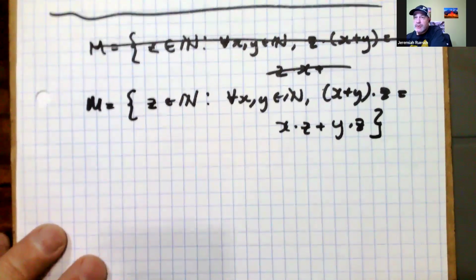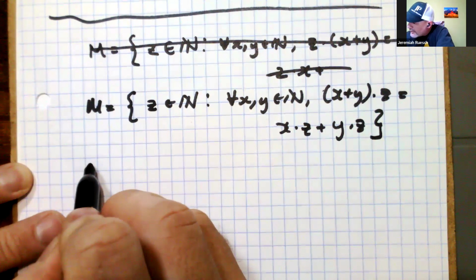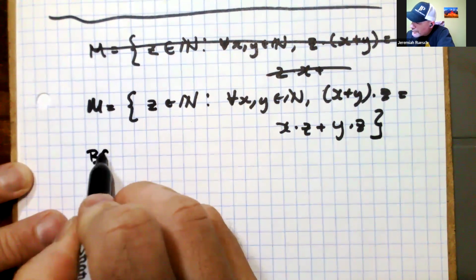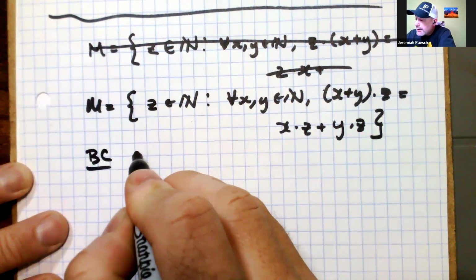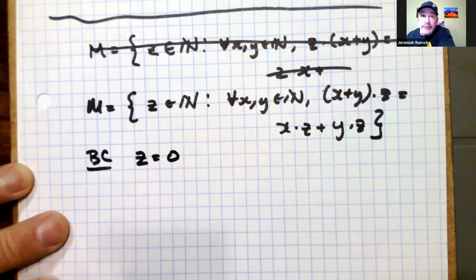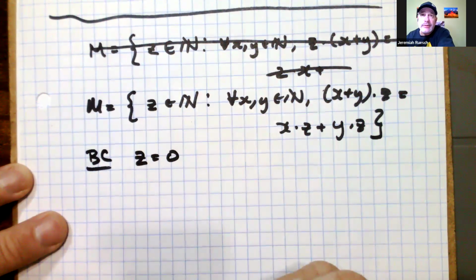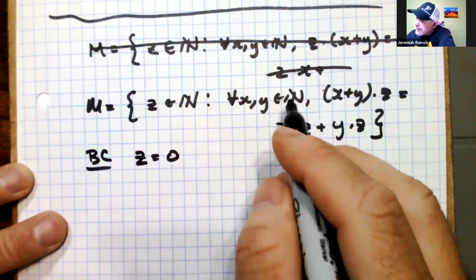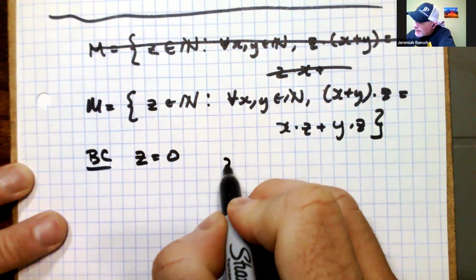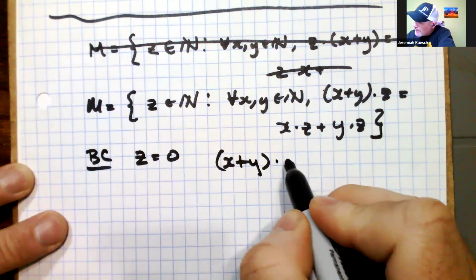Using the method of mathematical induction, I'm going to establish my base case. Since I'm doing induction on z, that means z is equal to 0, our first natural number, and we're doing this to show that the set M is not empty. Letting z equal 0 and plugging that in, I get (x plus y) times 0.